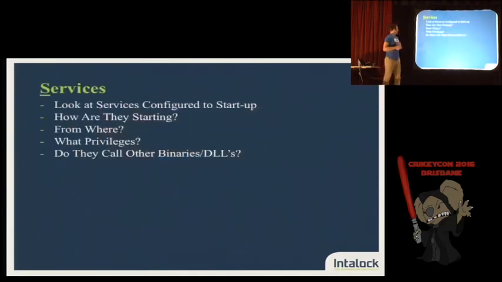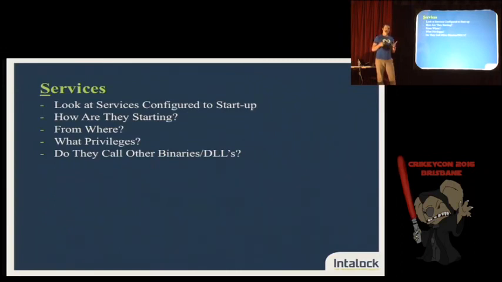Anyway, so services, see what's configured on startup. Do you have control of it? Go down the file permissions path. How are they starting? Are they starting from a stupid location or something like that? From where are they starting? What privileges do they have? Are they able to start up as system?